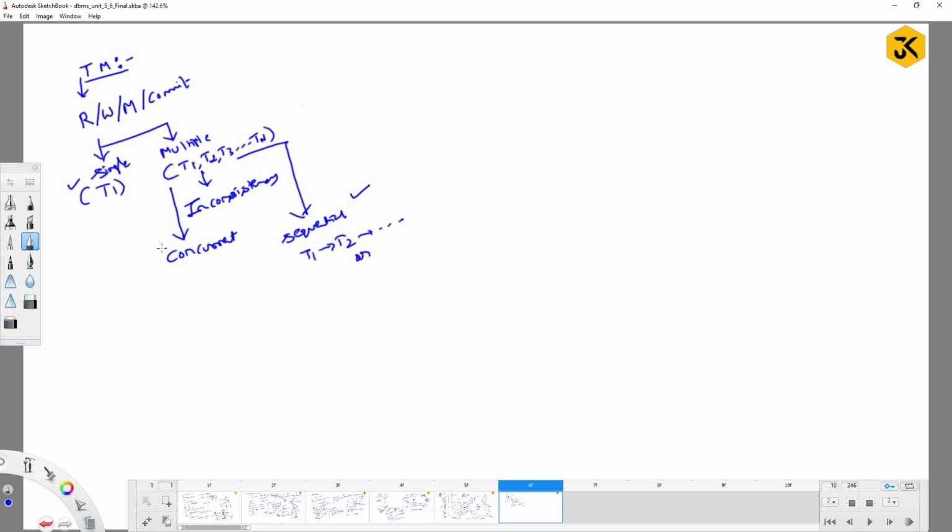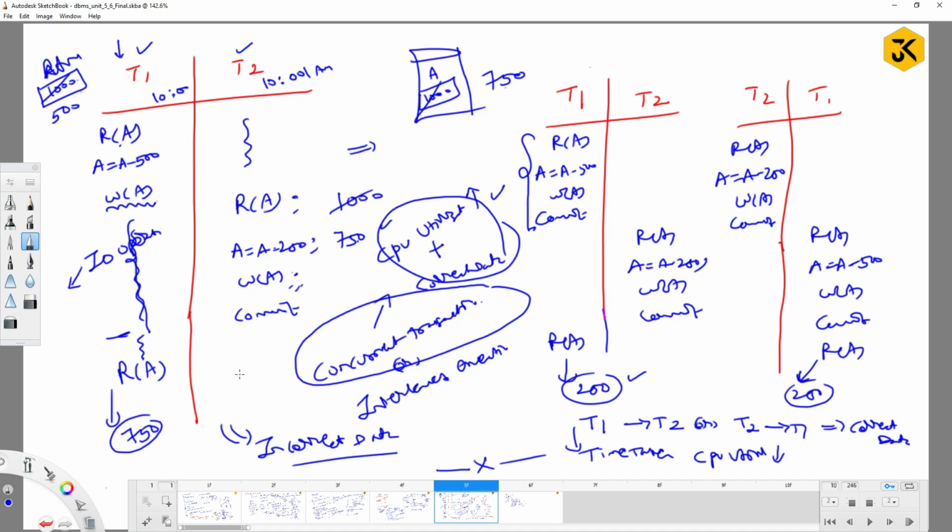Whereas concurrent execution, meaning interleaved execution, may yield inconsistent results. We have seen an example in the last class. If you take a read operation followed by a write operation, and interleavingly we try to perform the same read and write operations, then instead of getting 250, we got 750.